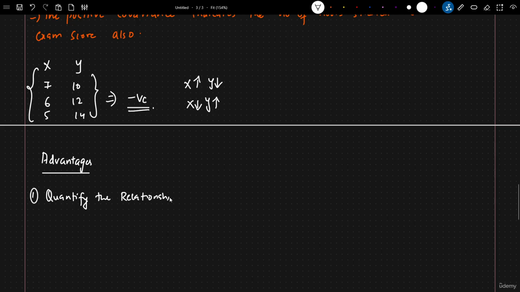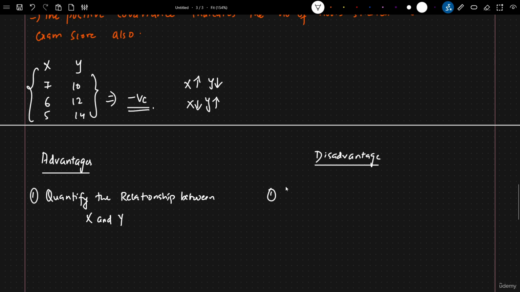This is one of the major advantages. Now let's talk about the disadvantage, which is also really important. Obviously this is good, and I'll tell you the real application of this: what happens if we are able to quantify the relationship between x and y.